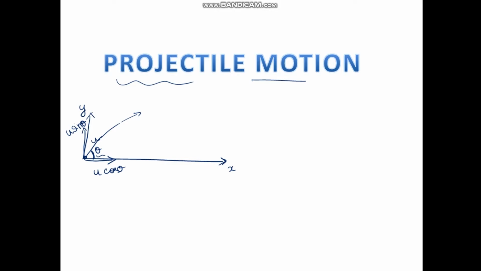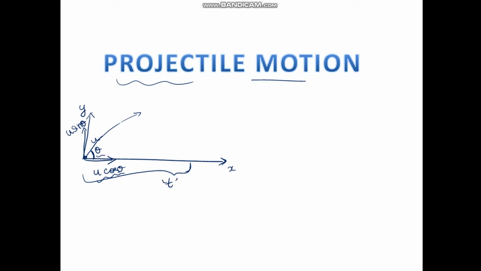The speed along the x-axis comes out to be u cos theta, and what is the distance covered by it at time t?